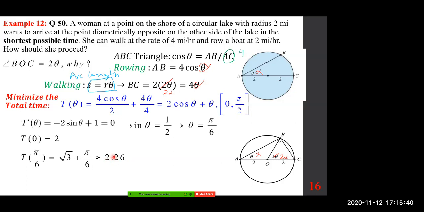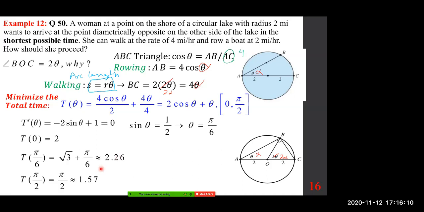If we plug in pi over 2, okay, let's see what happens. Cosine of pi over 2 is 0, so that's out, plus pi over 2. What is pi over 2? We get 1.57, because this is rough, class, 3.14 divided by 2. You don't have to go with more decimals. We are just estimating. Obviously, this is the largest number, and this is the smallest number.